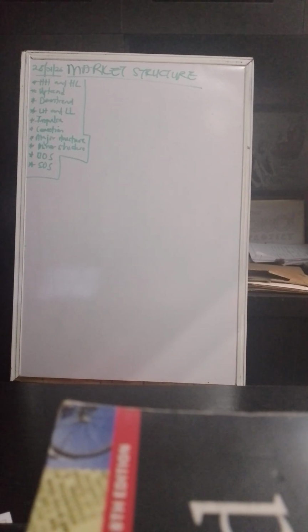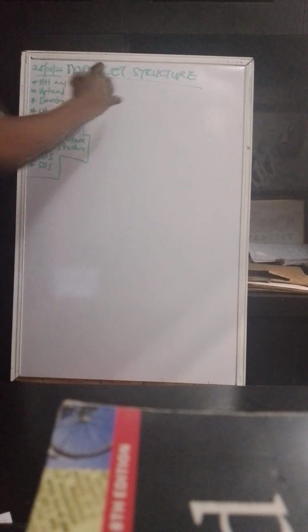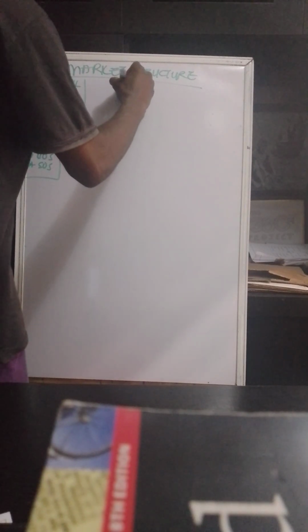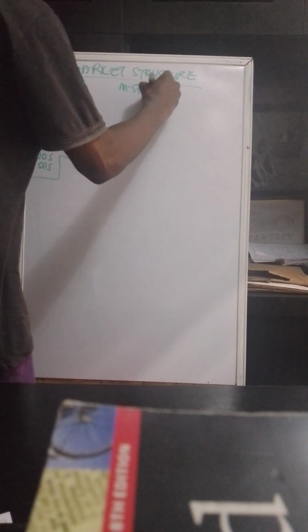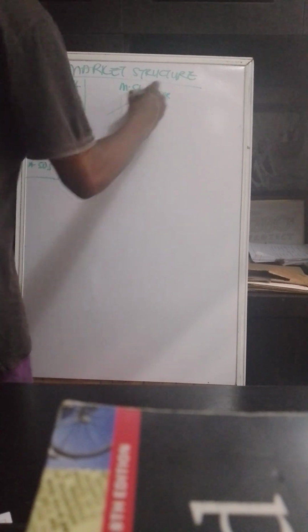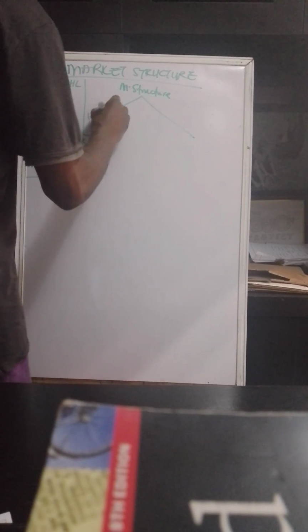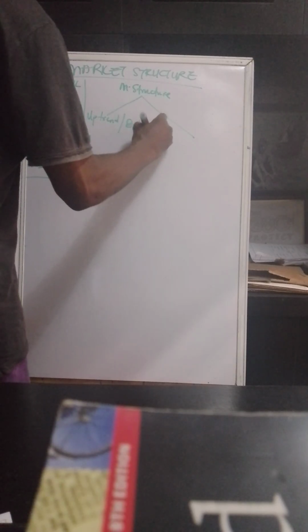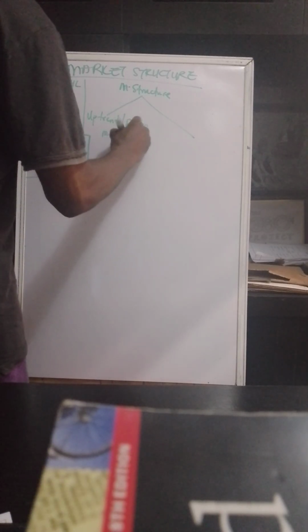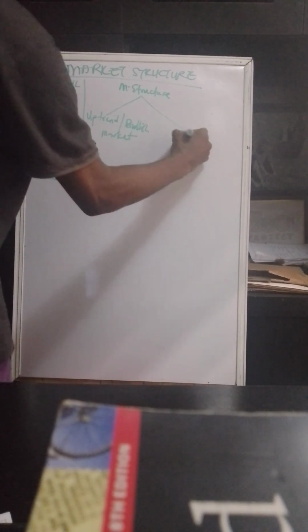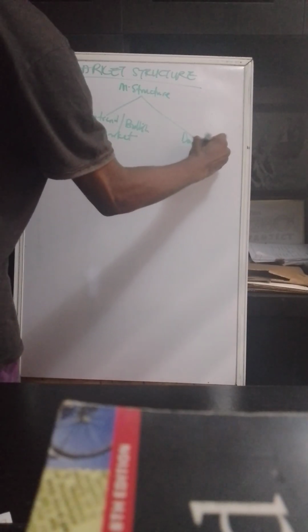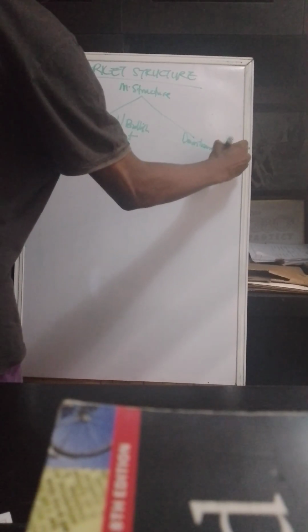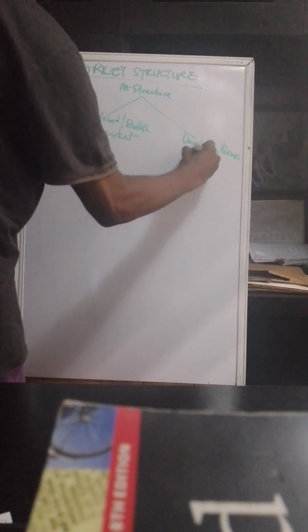Market structure is divided into two: an uptrend, or a bullish market, and a downtrend, or a bearish market.